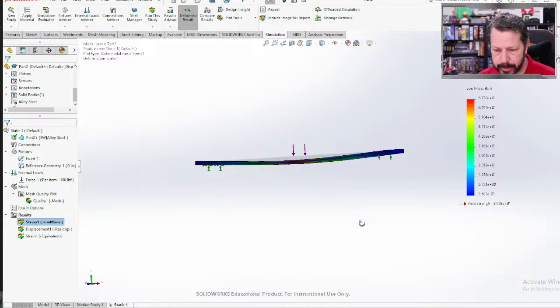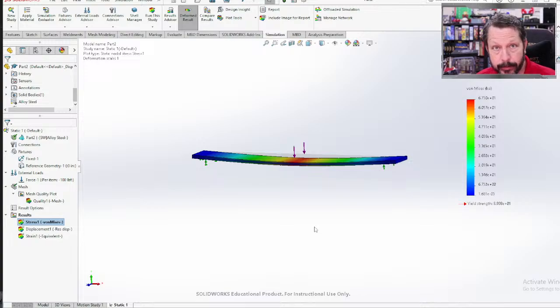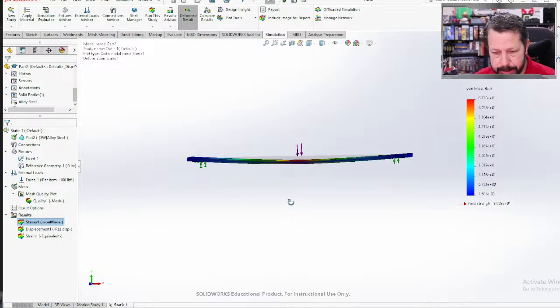So a normal 3-point or 4-point bend test doesn't fix the sample down. It lets it slide back and forth if it needs to. With this amount of downward deflection, it probably isn't even trying to slide very much.